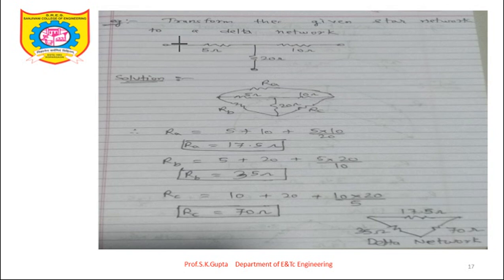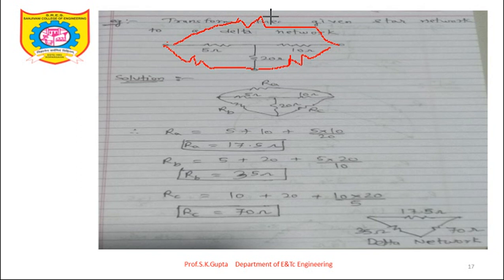Easy technique is, as I have three terminals over here, 1, 2, 3, you should mark resistances from one terminal to another so that it becomes a delta network. So here also you should draw one resistance like this and connect it to the terminal. Then you should draw one more resistance over here and connect it to the other terminal. So this way your delta network has been formed.